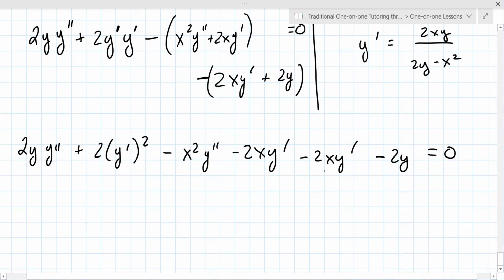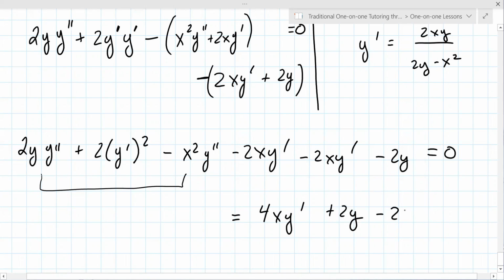These are like terms, so that helps. But we have these on one side, and we have to move the other stuff over. So this is minus 4xy prime, so it becomes 4xy prime. You add the 2y, then you subtract the 2y prime squared.